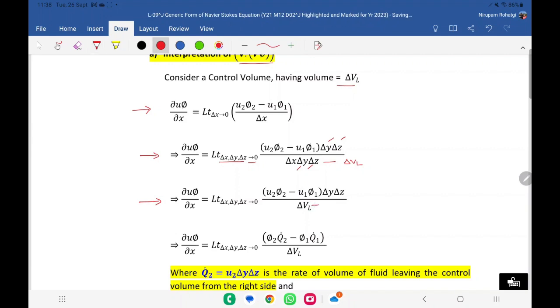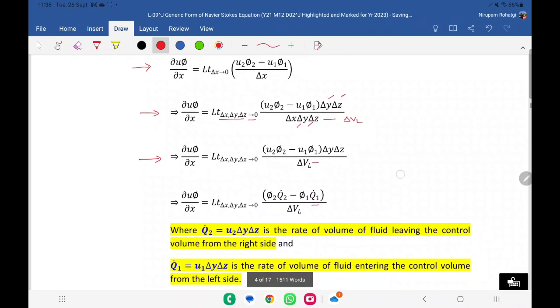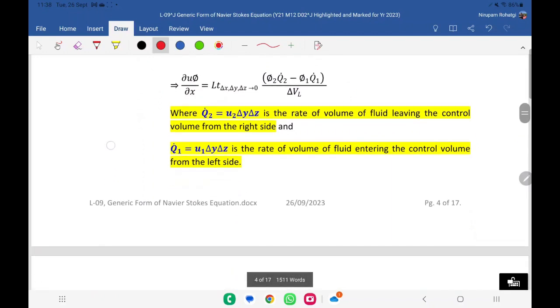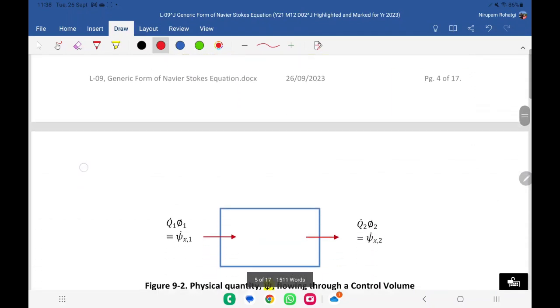Okay. Now you know this term, u2 multiplied by del y del z. This is the amount of fluid flowing out from the right face per unit time. Volume. Look at this diagram.